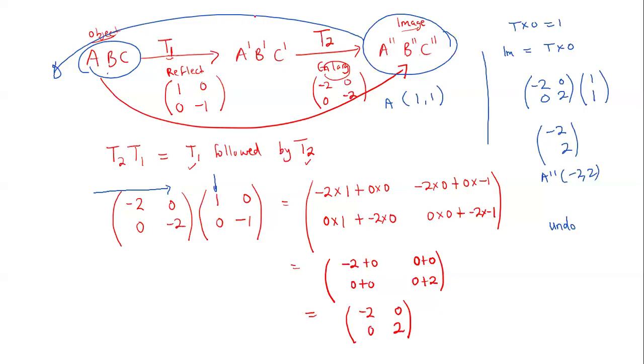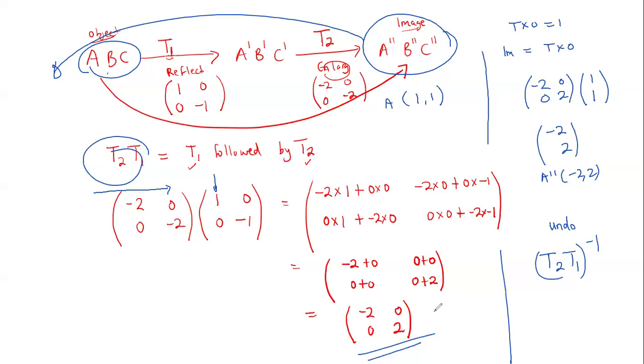Now, for such a case, what do you do? You only go on and obtain the inverse of this. Is that clear? You obtain the inverse of T2 T1. You first obtain the matrix that takes you directly. Now, to take you back or to undo, you just get the inverse.